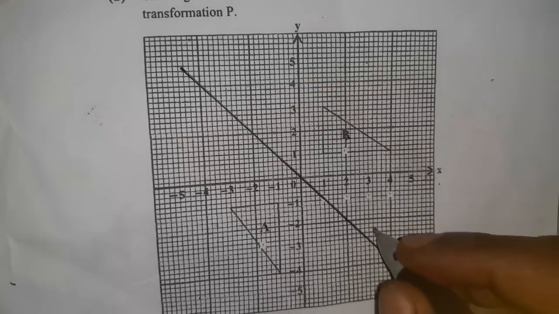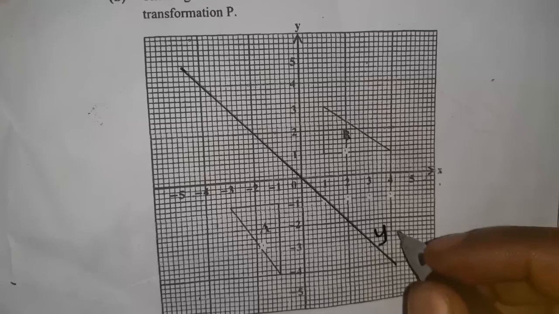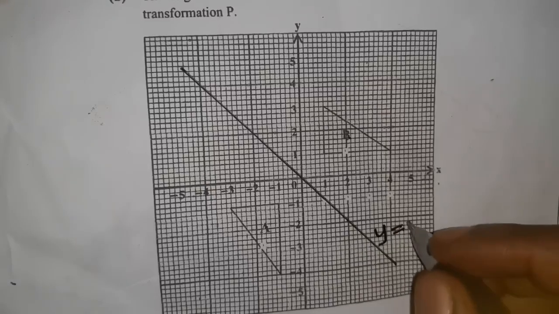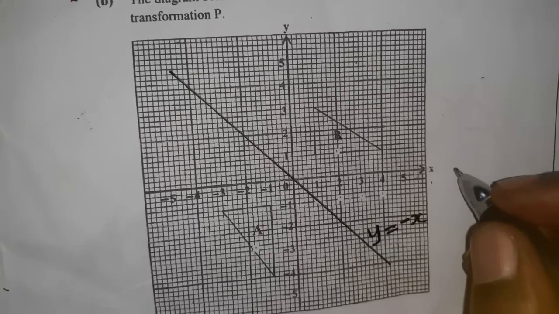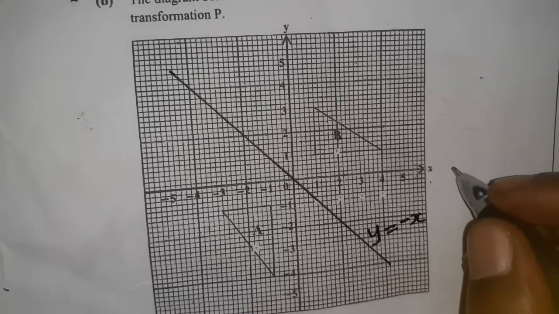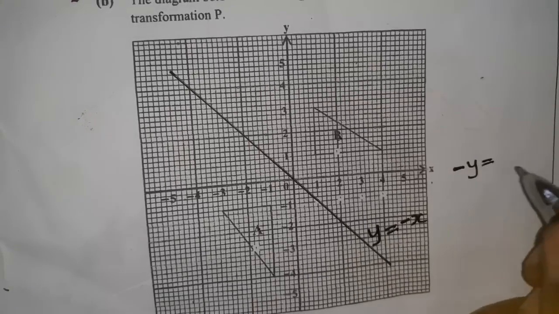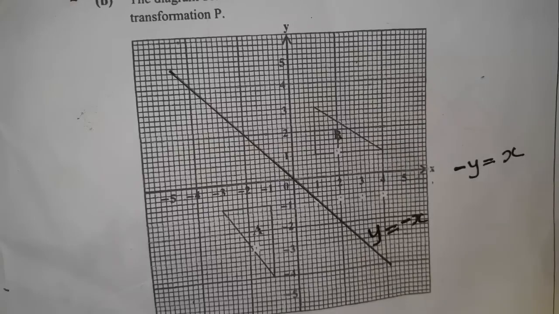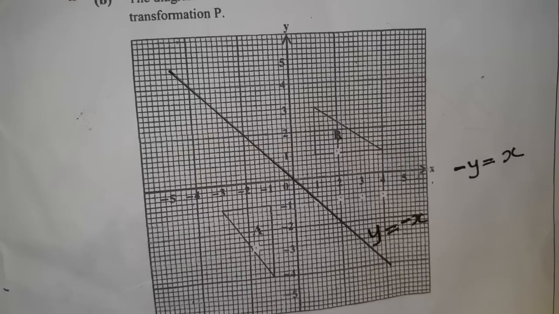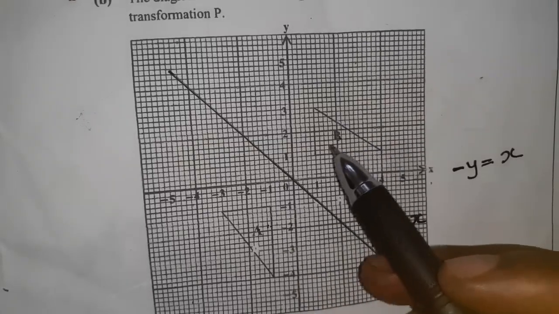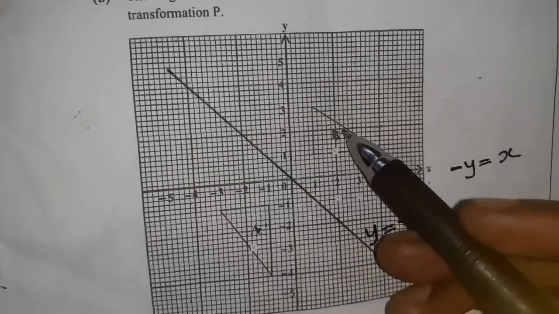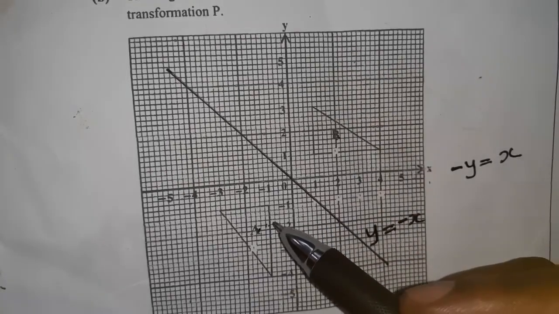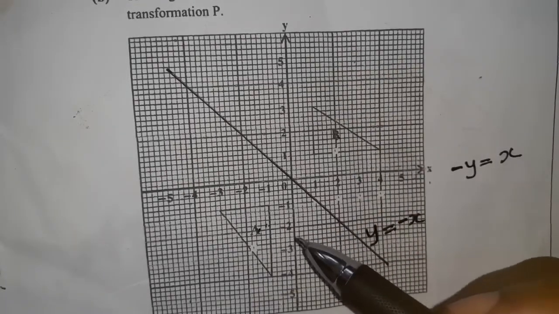This is y is equals to negative x, or we can say negative y is equals to x. So these two, they're a reflection. This one is a reflection of A on this mirror line.